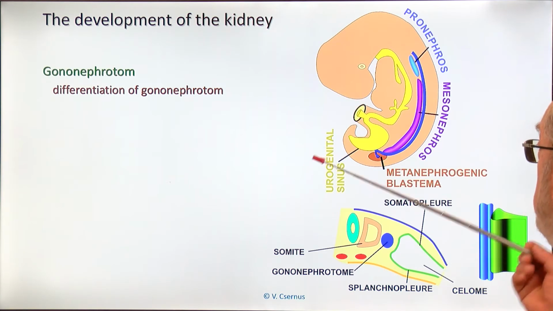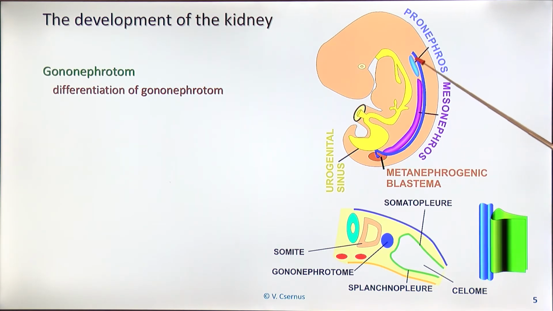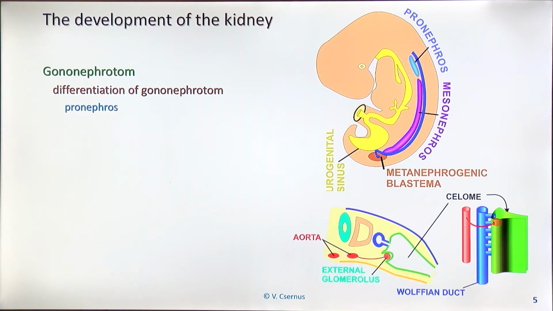The gononephron along the embryo is differentiated into various segments. First of all, along the embryo we have a tube made of that tissue. This is what we name the Wolffian tube, and the rest of the tissue has different fates. In the upper area, in the cervical and upper thoracic area, we have the pronephros, in which a very interesting thing happens.